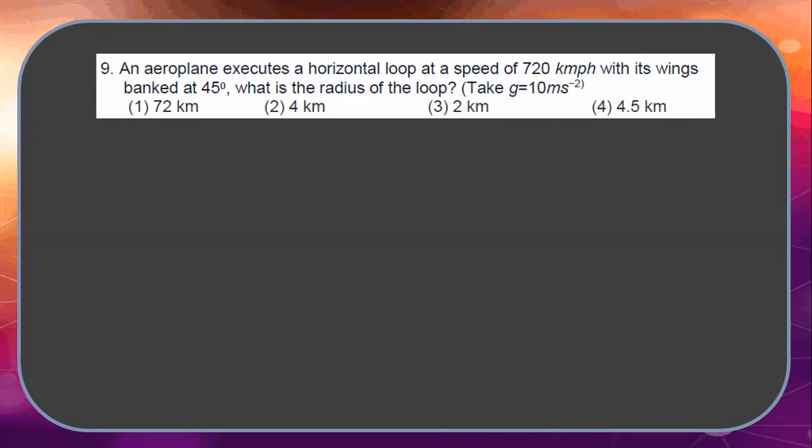Here, banking of the roads or banking of the tracks, railway tracks, will be required for the vehicles to turn in circular path. To move in the circular path, banking of the roads will be there. It means what? Outer edge of the road will be elevated. Outer edge of the road will be raised up.